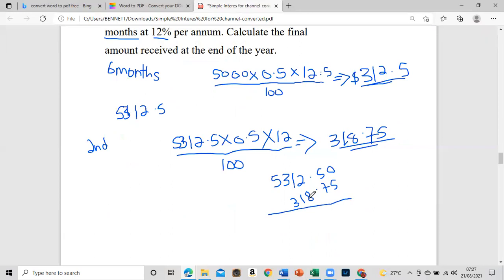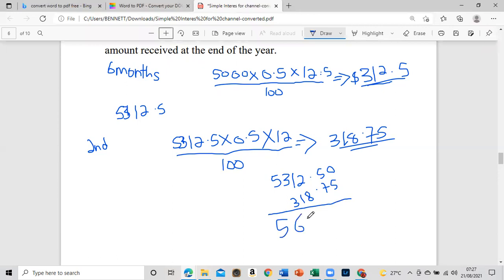So in all, you would have gotten, and again, guys, I'm just punching the calculator, 5,631.25. So this is the total money after 1 year.